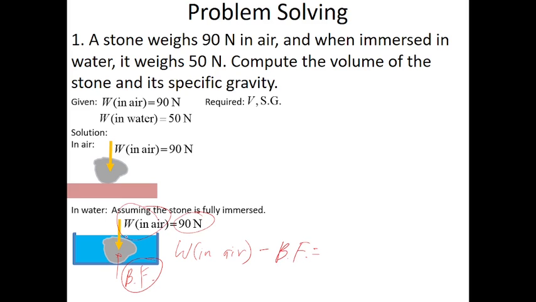Kasi may puwersa siya, original. Meron siyang weight, weight niya yon in air. Nung nakababad siya, may puwersang tumutulak sa kanya paakyat. Ang tawag natin doon ay buoyant force. At ang resulta ay yun ang weight niya sa tubig.